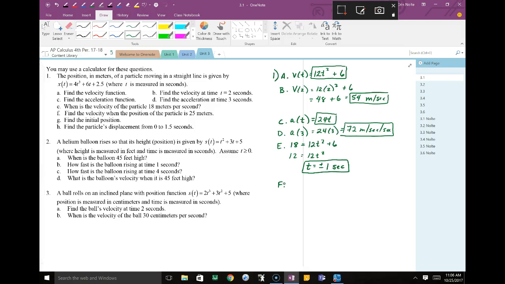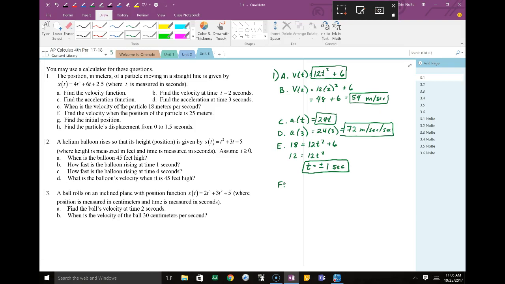Wait, are we on F? Okay, yeah. Find the velocity when the position of the particle is 25. Set it equal to 25 in the original, because it's the position.